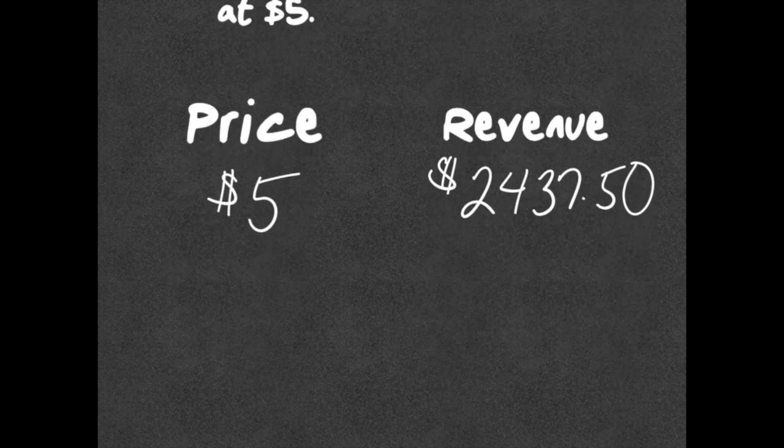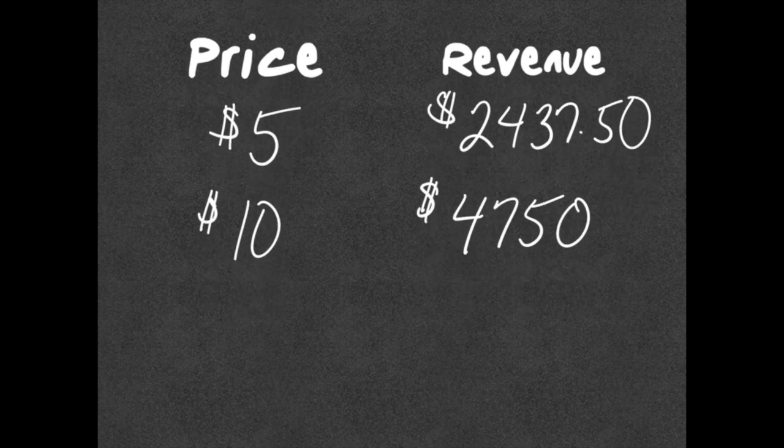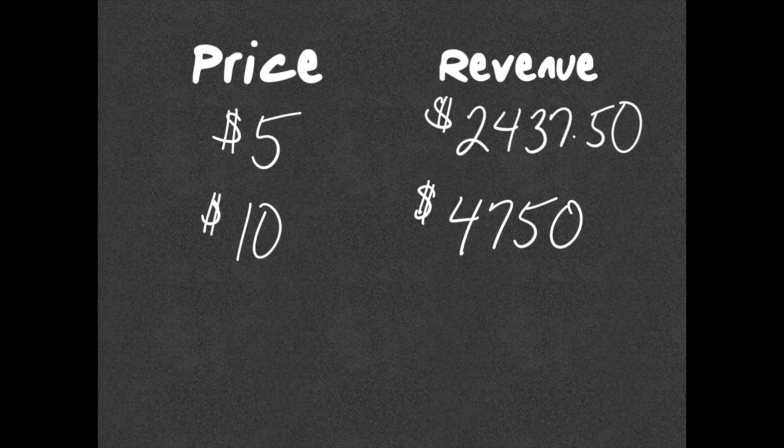Let's say we set a new price of $10. If I run everything back through that function, the revenue is now up to $4,750. But what if the software package was higher? Say for instance, we set it at $50.